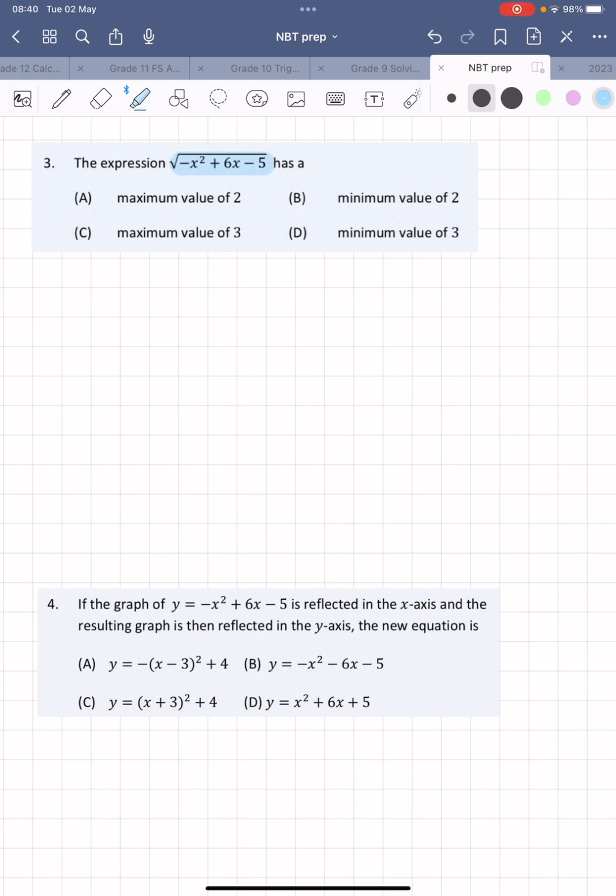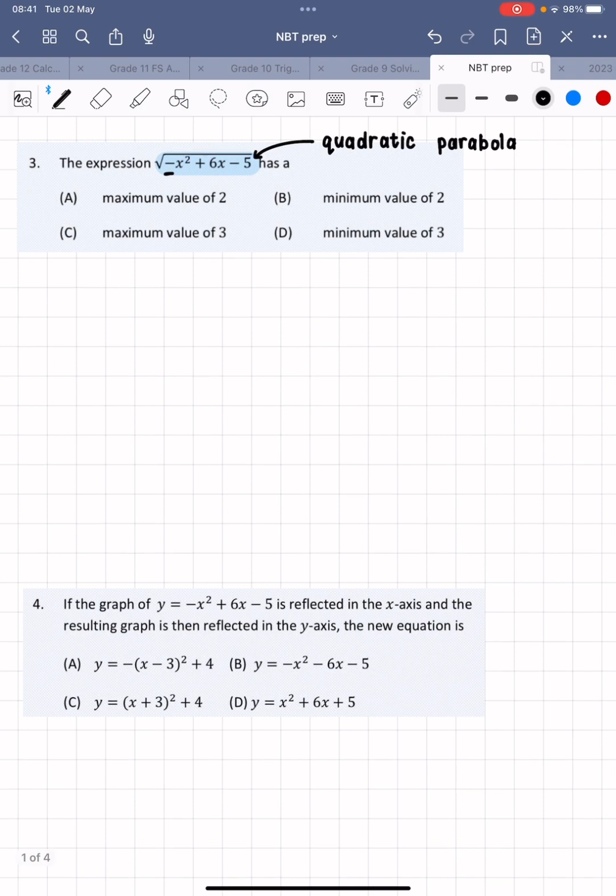Then we need to think, what are we going to get if we take the square root of that maximum or minimum value? Firstly, this expression that we have here is a quadratic expression. If we were to draw this, it would be a parabola. Because we have a negative x squared, the coefficient of x squared is -1, that means we are going to have a downwards facing parabola, one that looks like a sad face.